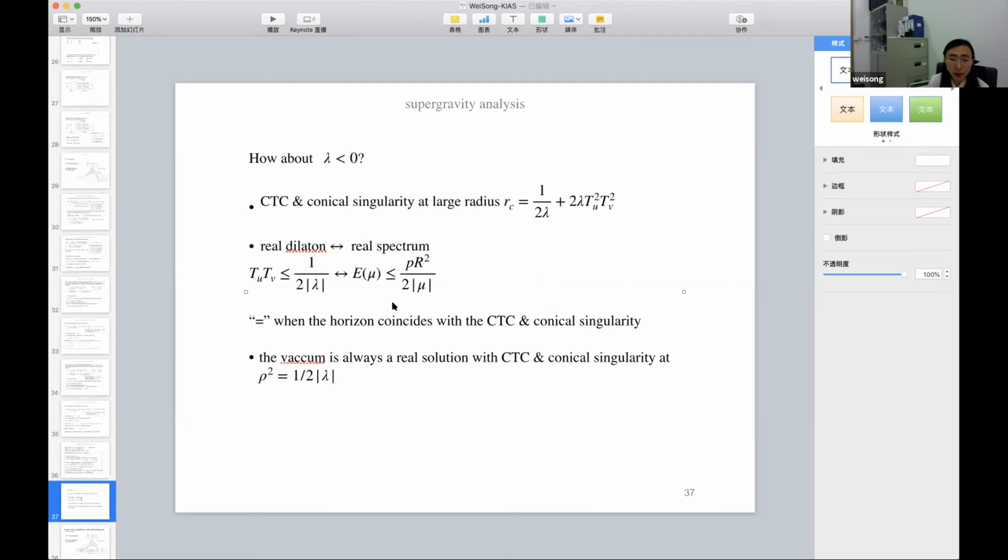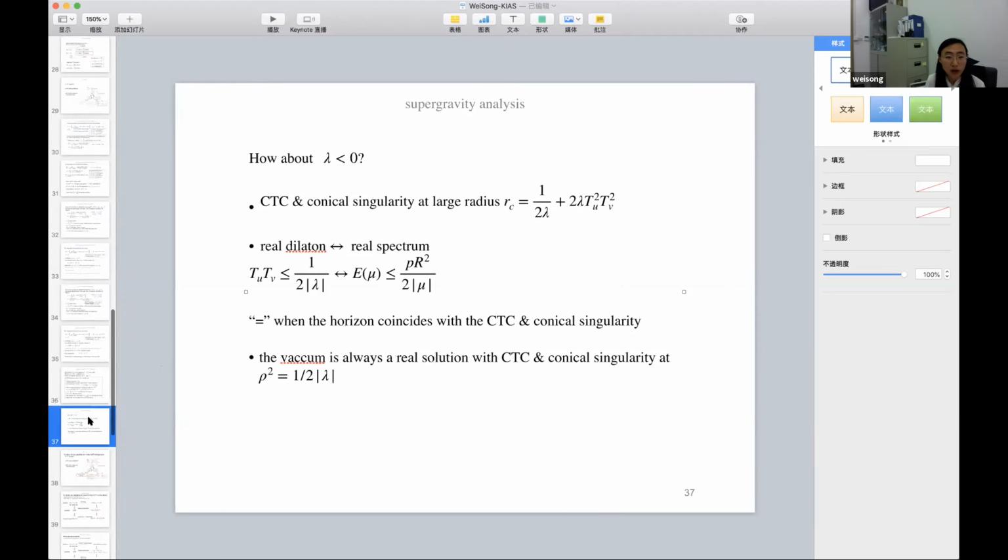And this upper bound also corresponds to the same upper bound that you will find in the TTbar deformation with this lambda less than 0. By the way, this lambda is just proportional to mu I mentioned before.